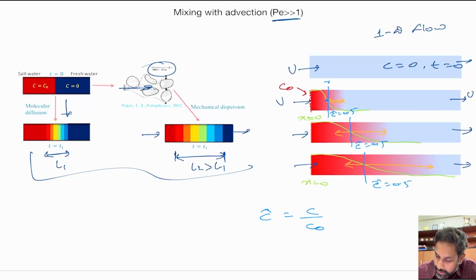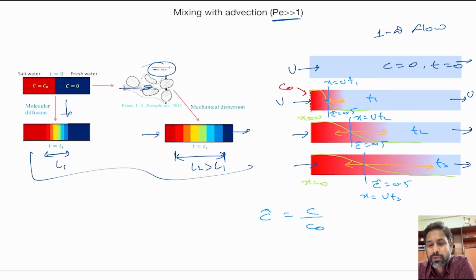So if you define this as the point, that will be x equal to ut, if this is t1, so that is x equal to ut1. For this one it will be x equal to ut2, here x will be ut3. Okay, so this is t2, this is t3. So what you see here at these locations x, that is the location of the advection or advection front.